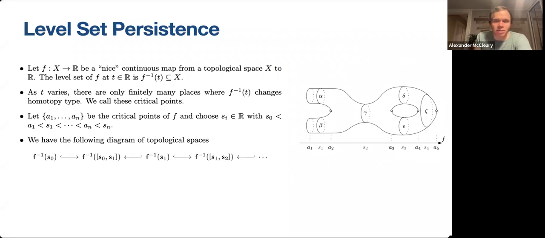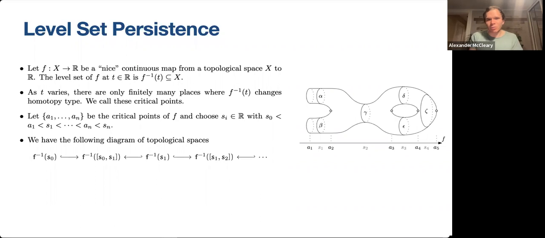Because S0 belongs to the interval between S0 and S1. Certainly the level set at S0 will include into the inverse image of the interval from S0 to S1. Same thing with S1. The level set at S1 will include into that interval as well.